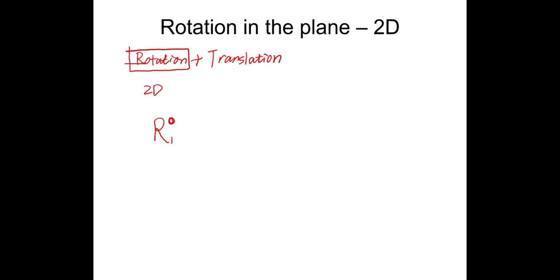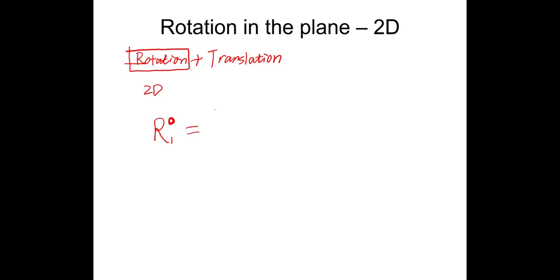Frame 0 is the reference. To keep it consistent, I will call it R10 because 0 is the reference, so it means R1 with the reference of 0.